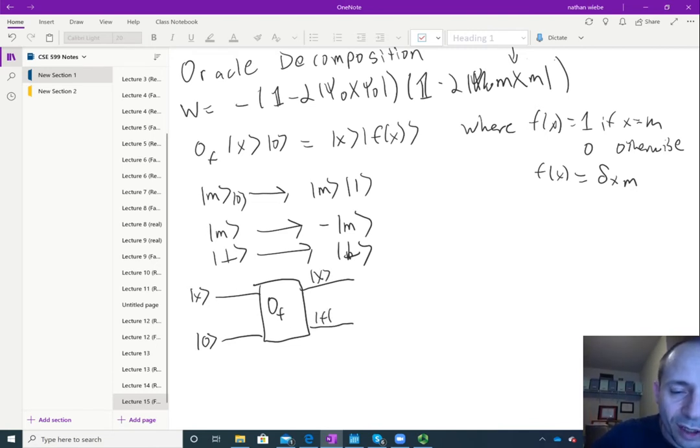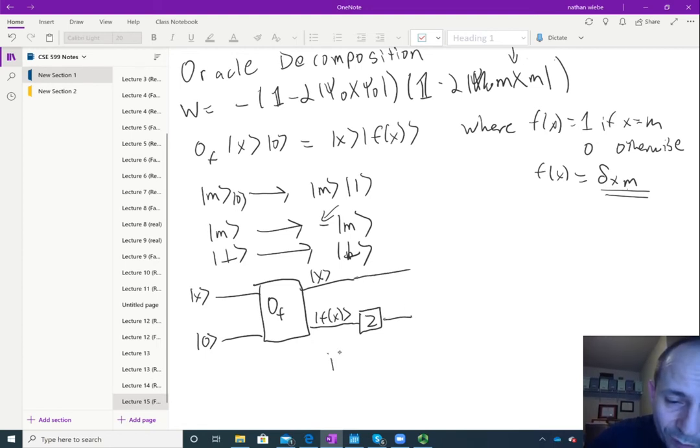However, down here, it's going to have the function value, i.e. it's going to have 1 if the input x is an item that we're searching for. Now, we want to kick back this minus phase if this value of f of x is 1, i.e. if x is the same thing as m. And so we can do that by just putting a Pauli Z gate in here.